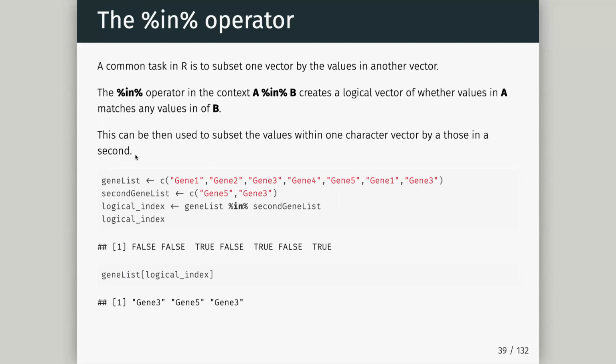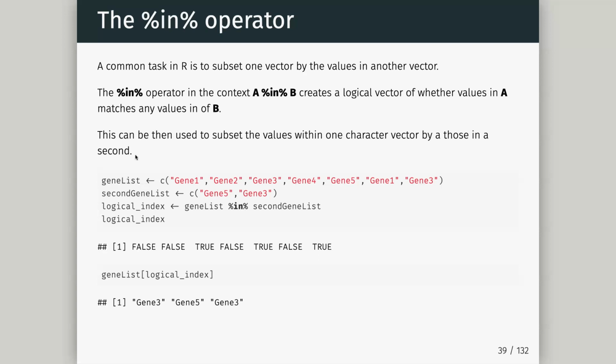So let's step through this. So I'm going to create, I think I'm calling these lists. So gene list, we have gene 1, 2, 3, 4, 5, 1, and 3. If I have my second gene list, gene 5 and gene 3. If I then want to look to see which values in gene list actually occurred in second gene list, I can do this gene list in second gene list.